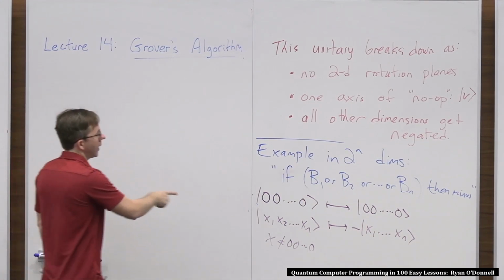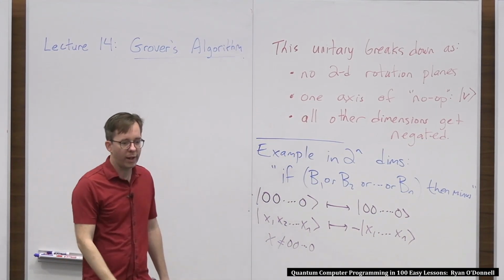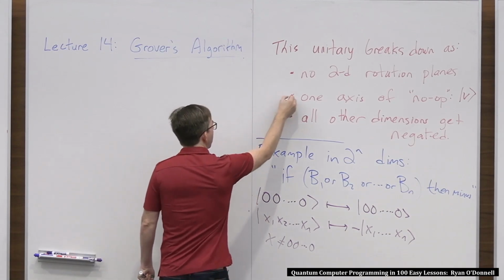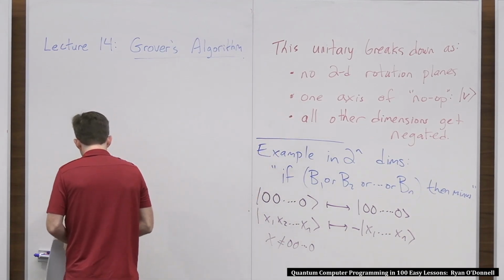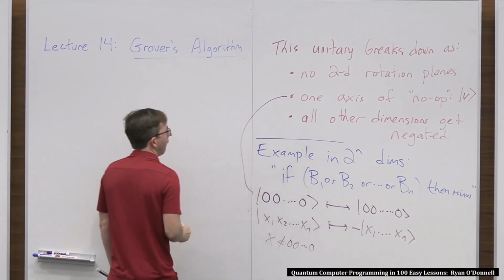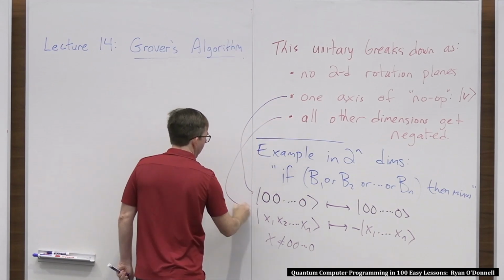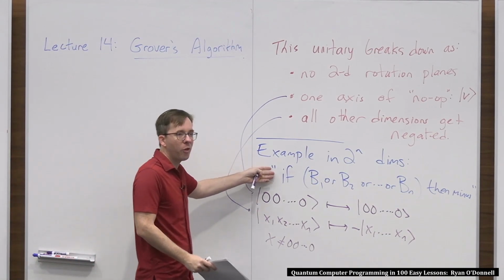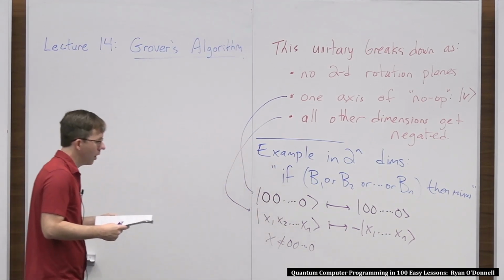Okay, and this is exactly like the story here, where this axis of unchanging is the all zeros string, and the other dimensions all getting negated is this. So this is maybe the name that we would first think of for this operation.